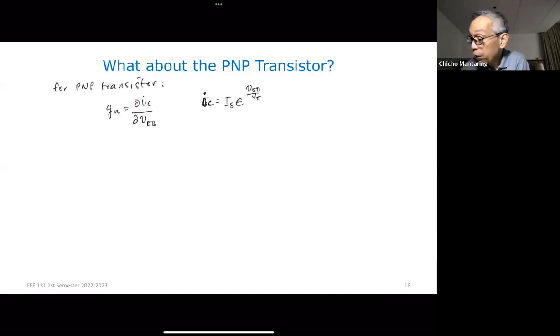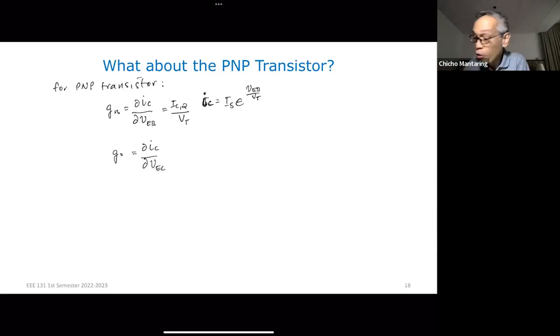Okay, so if I try to evaluate partial of IC with respect to VEB, I'm actually going to get the same formula for GM. So this is going to be ICQ over V sub T. It's the same formula that I'm going to get. My G sub O, this is my output conductance. This is going to be partial of IC with respect to, instead of VCE, VEC, sorry, with respect to VEC.